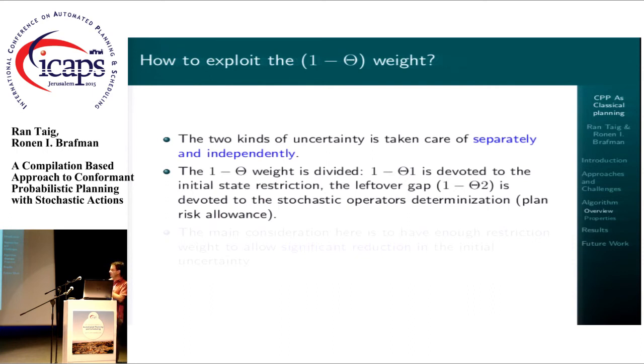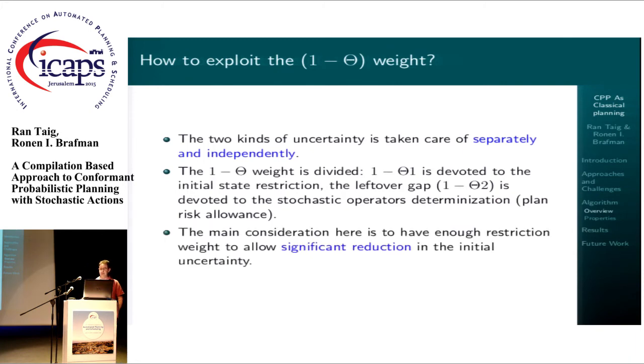We decide on some of this mass to be devoted to the initial state restriction, and the leftover is used as a plan risk allowance. I will not elaborate about the decision, but the main consideration is to have as much restriction weight as possible, so we can significantly reduce the initial state uncertainty, because we found that this is the main bottleneck in the ability of the underlying solvers to succeed in solving the compiled problems.